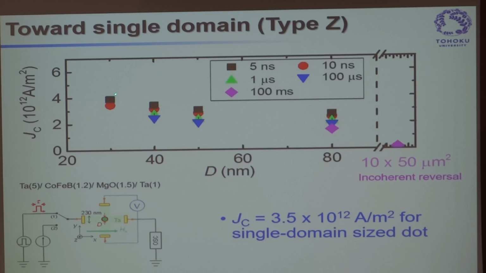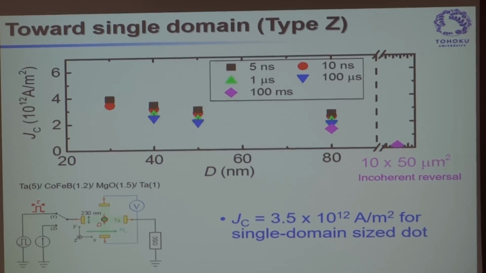So, for example, concentrating on this guy, the threshold current is about 3.5 times 10^12 amps per square meter.